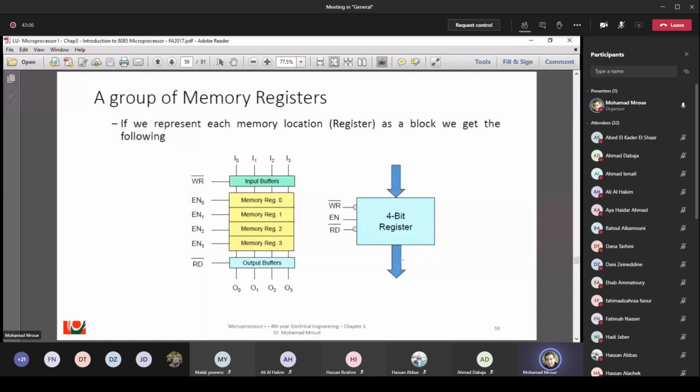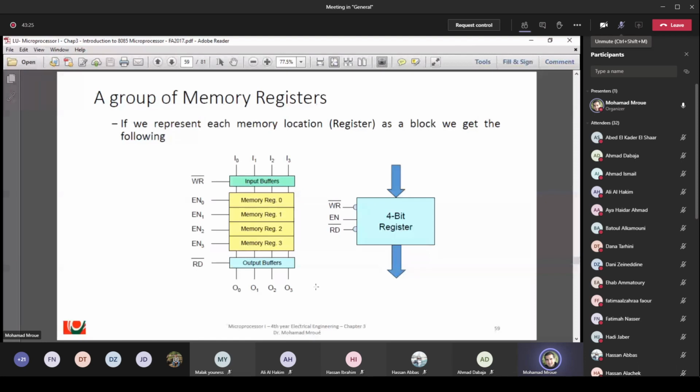For example, with a 4-bit register, we have the enable bit to enable a particular register, and we have write and read to have access in order to write or just to read from this particular register.